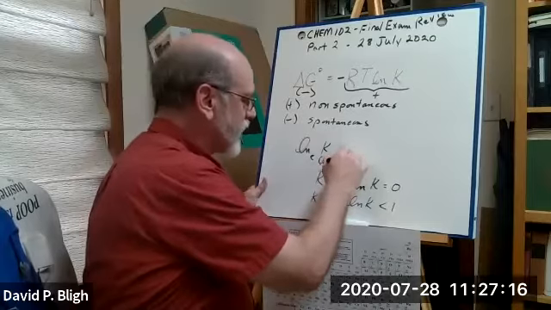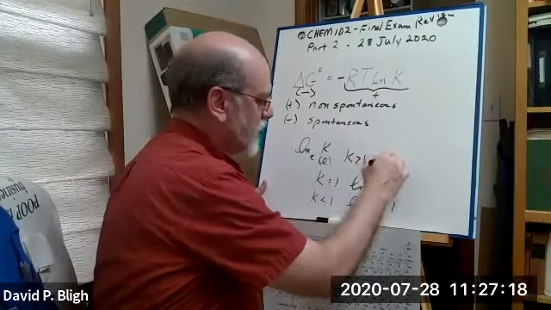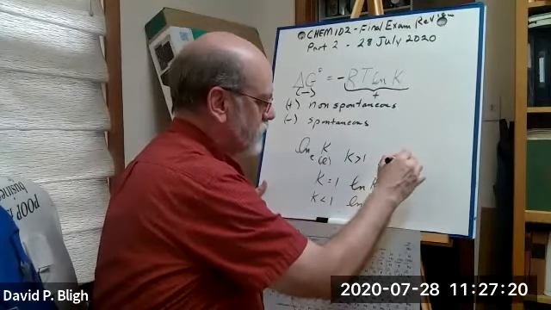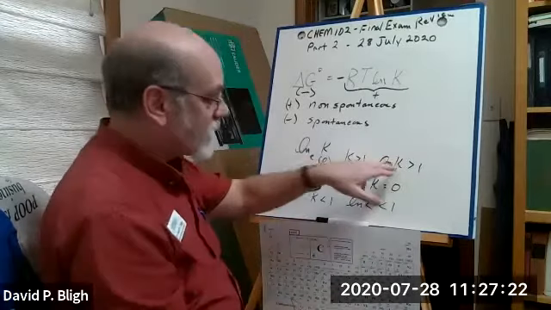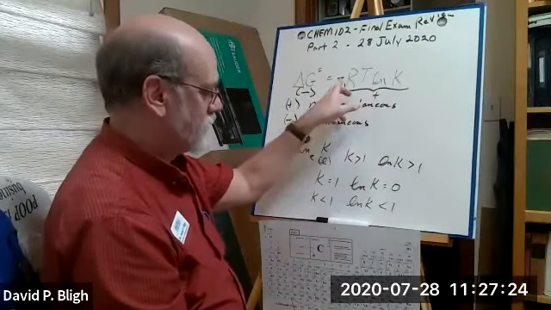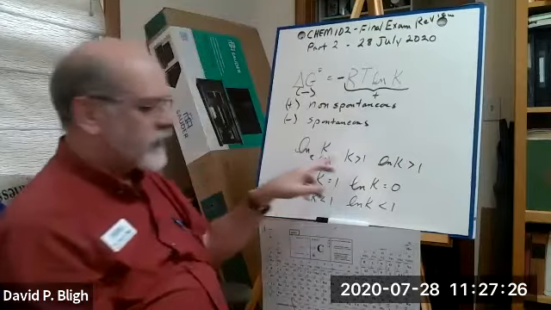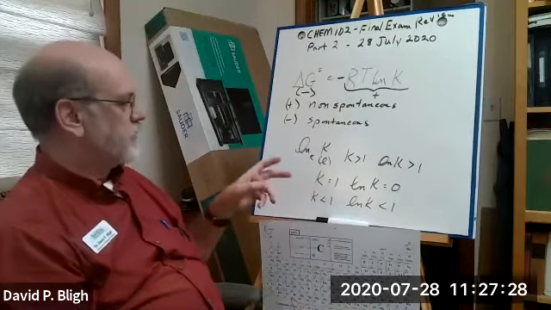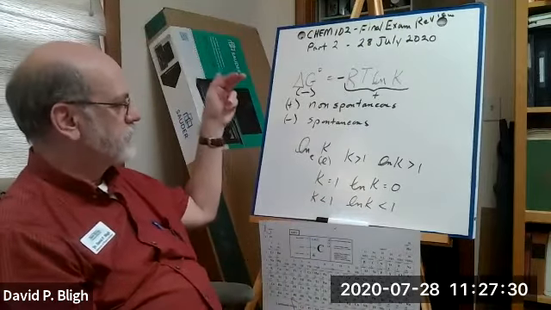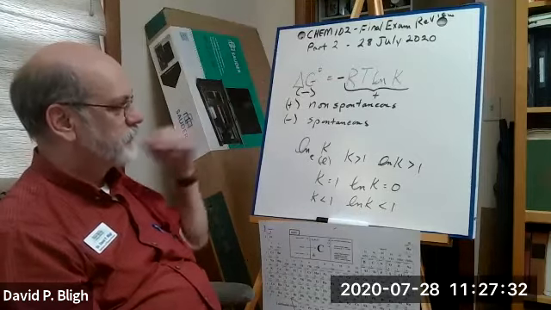That means that if K is greater than 1, the natural log of K is greater than 1, and that gives us a negative value. So only for K greater than 1 can we expect delta G to be negative.